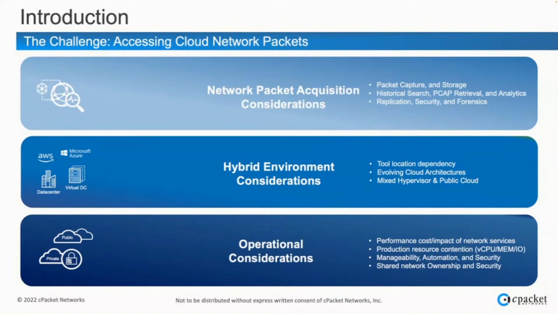Depending on your tool strategy, whether you're evaluating new tools for the cloud in VPCs and VNets, or whether you're backhauling to the data center over ExpressRoute and Direct Connect connections, these architectures are still evolving. What we mean by that is that new services are still being added all the time.